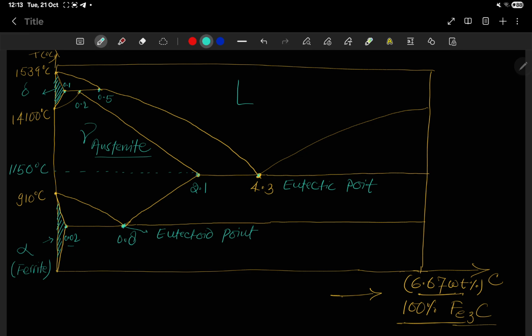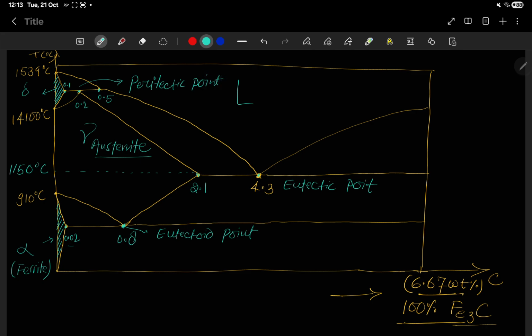So these are the different points. And this point is called the peritectic point.